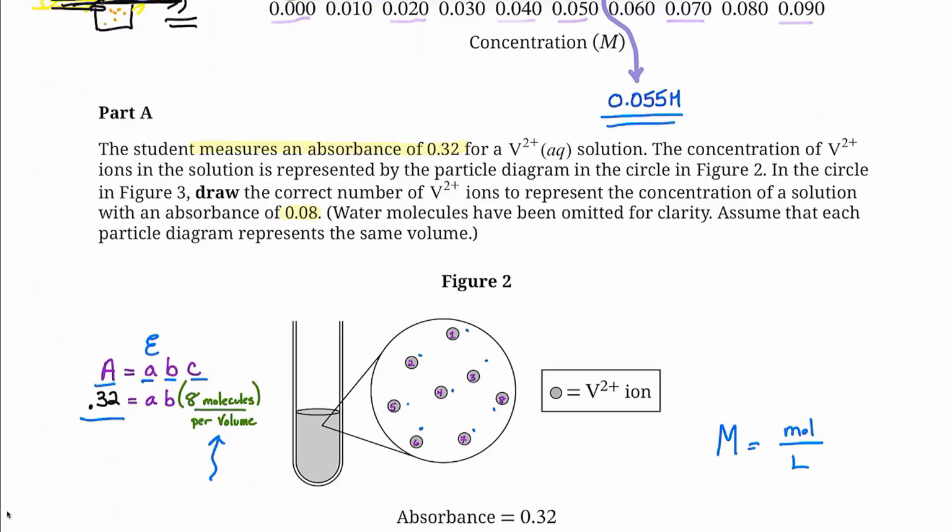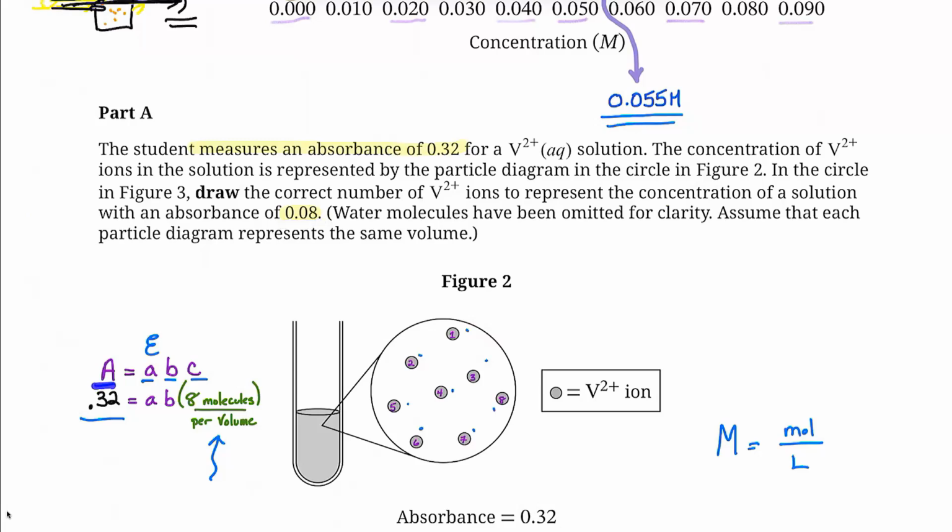All right, now what they want you to do is draw the correct number of vanadium ions to represent the concentration of a solution that's 0.08. All right, now think with me for a second. They're giving you this at 0.32, and now they want you to draw it for 0.08. Do you see a relationship here? Well, yes. The concentration has to go down if the absorbance goes down.